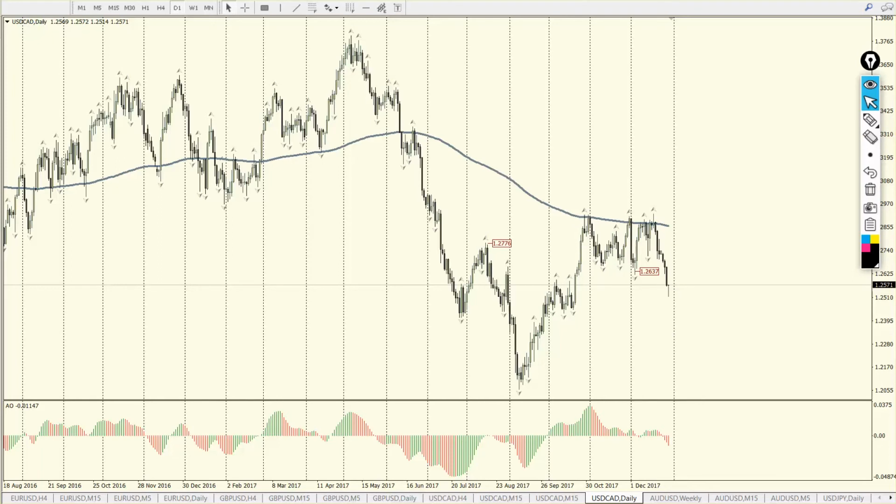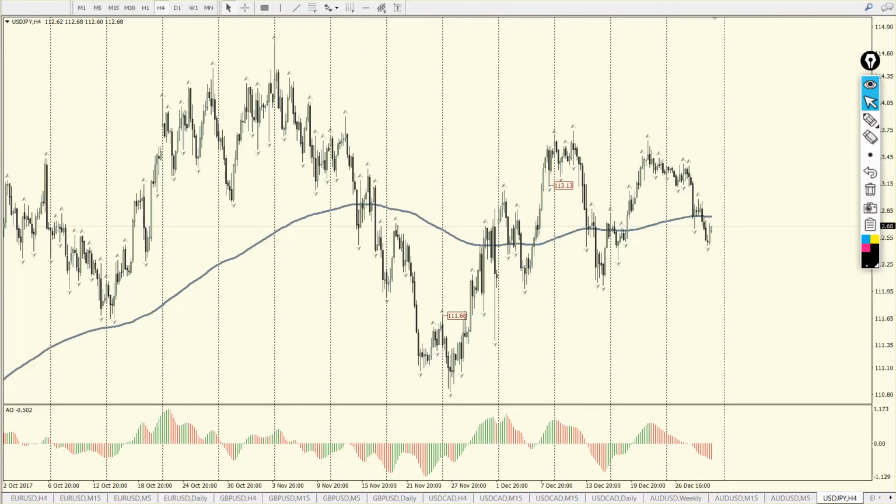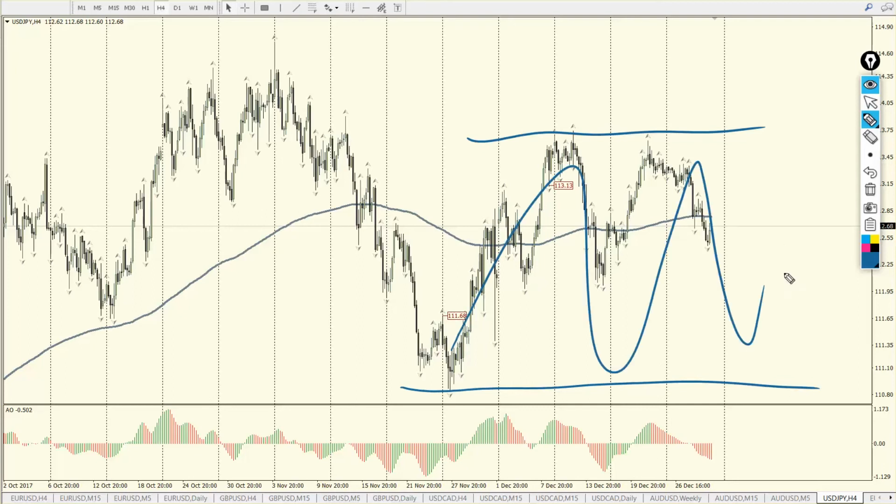Next pair is Japanese yen against US dollar. If you remember my last review, I was talking about these 2 reference points, and that Japanese yen is now in a daily flat phase. I also said last time that if some new reference points are created, I will let you know.